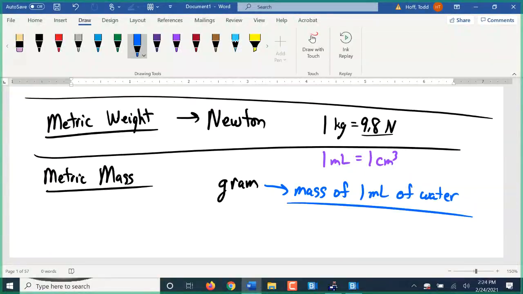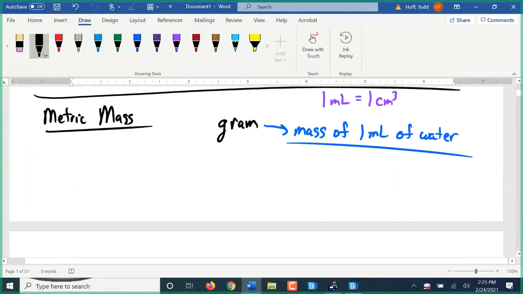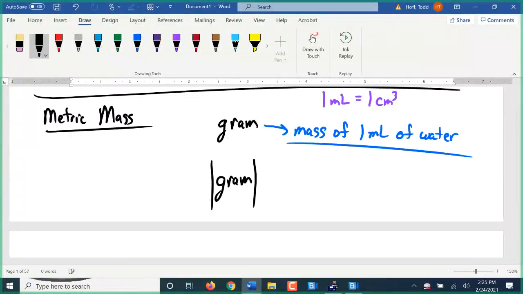Now, they did define it to be 1 milliliter of distilled water, because there is a slight difference in mass depending on what's dissolved in the water. So it's pure water or distilled water. That's a pretty nice connection that we can make. Otherwise, we look at our standard conversions. A gallon is 8 pounds of water. That's not a very neat conversion. So our gram, it's just like any other metric unit.